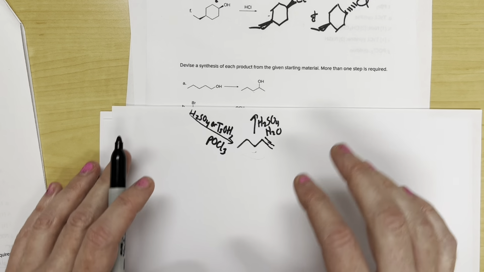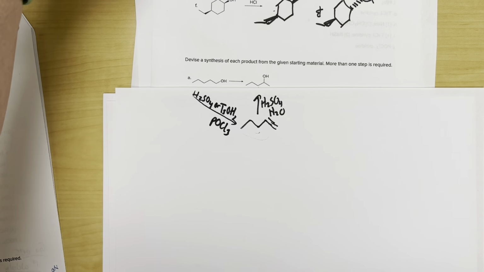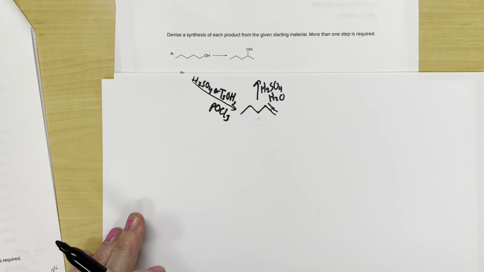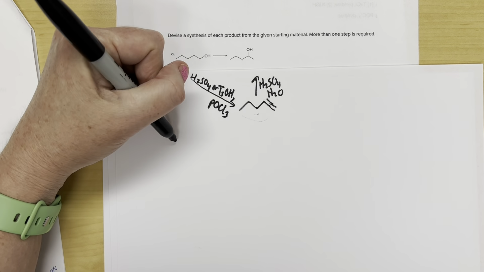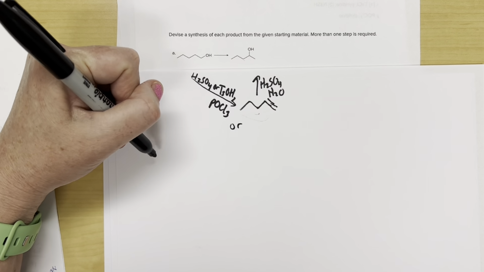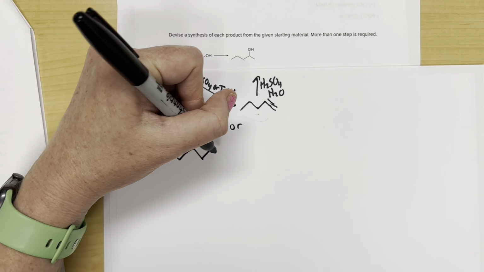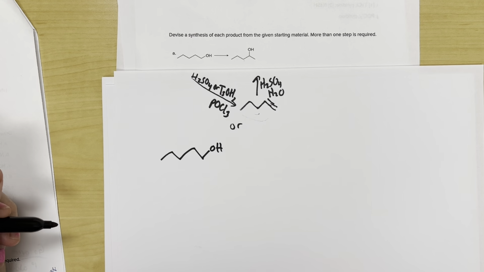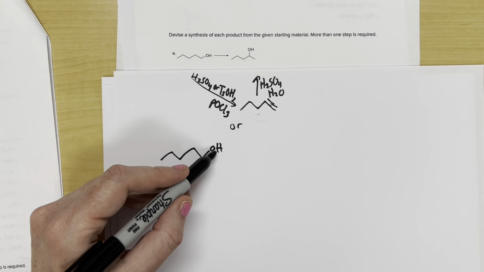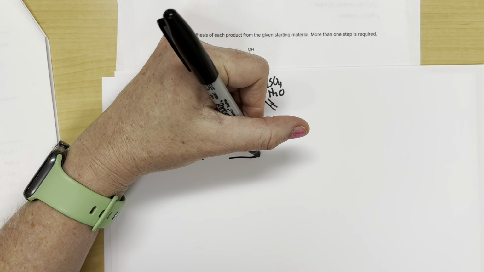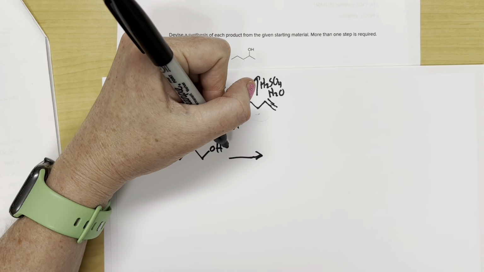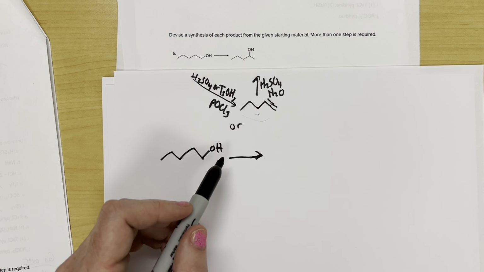There's another method too, we could throw it out there. You could take some stuff we already know. So let's go like this. We could replace this with a bromide, for example. And you could do that via a variety of methods. We could do HBr.